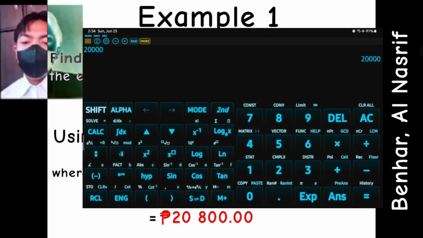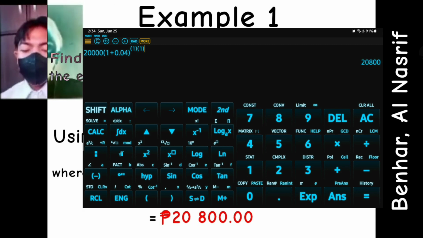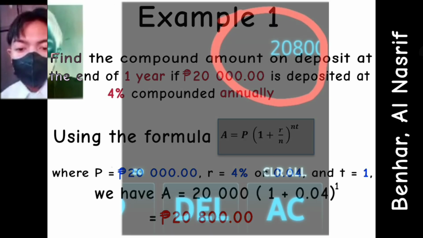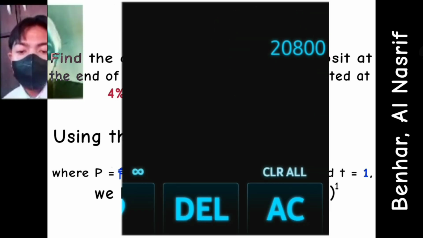We have that A equals 30,000 times 1 plus 0.02 raised to 2 times 1.